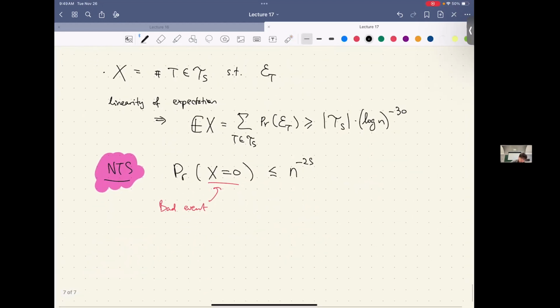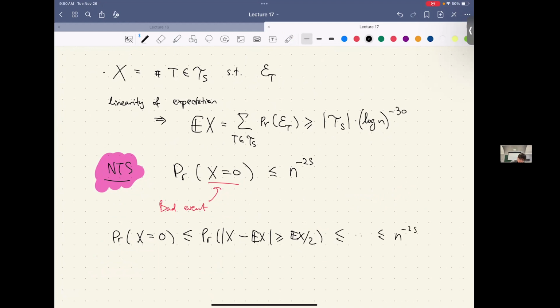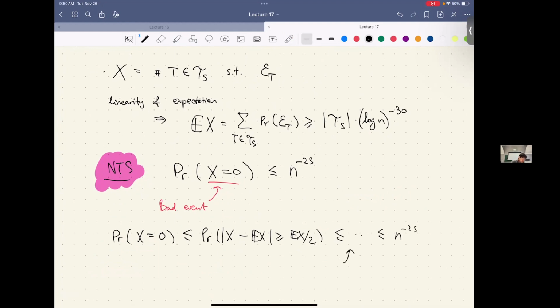So we just need to prove that the probability of X equal to 0 is at most the probability that X minus EX, the deviation, is more than half of the expectation, right? Expectation is way larger than 0. And this you can bound by n to the negative 2s using, for example, McDiarmid's inequality.